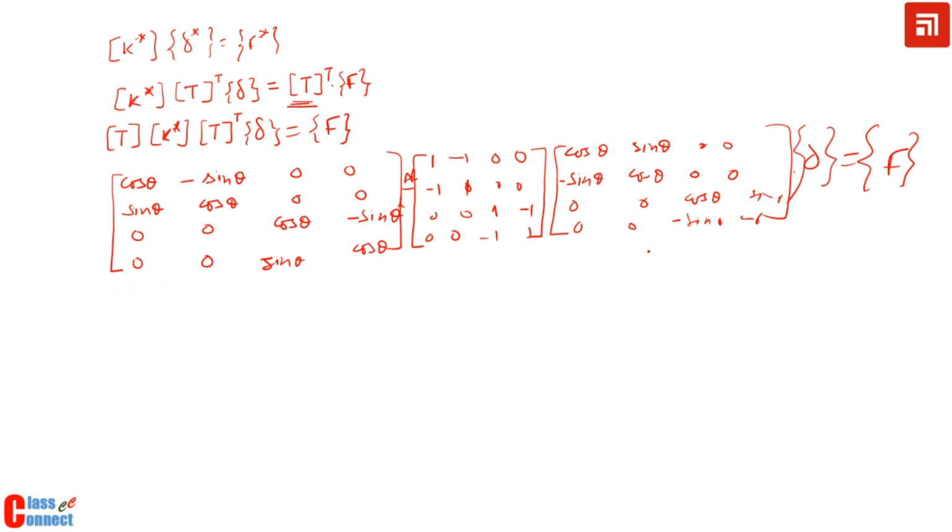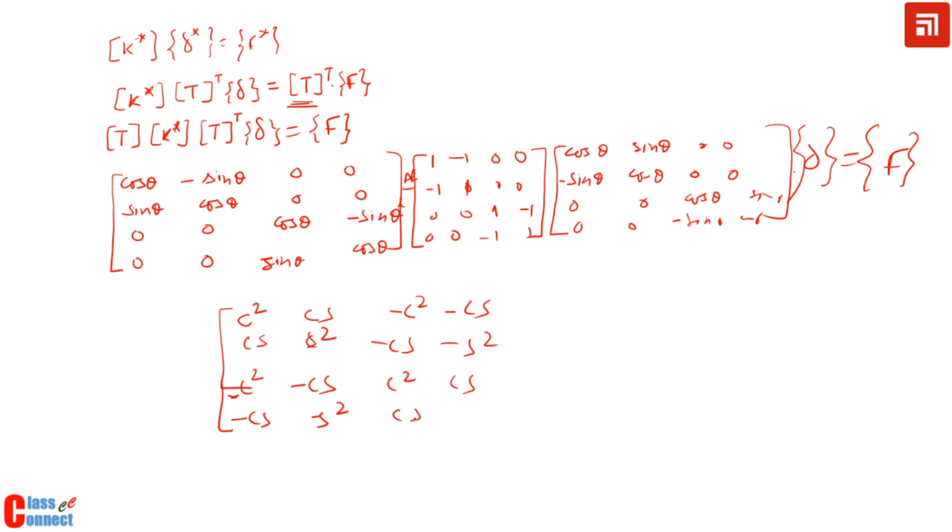If I multiply this quantity, I get the same matrix that we have introduced in our class: c square, cs, minus c square, minus cs; cs, s square, minus cs, minus s square; minus c square, minus cs, c square, cs; minus cs, minus s square, cs, s square.